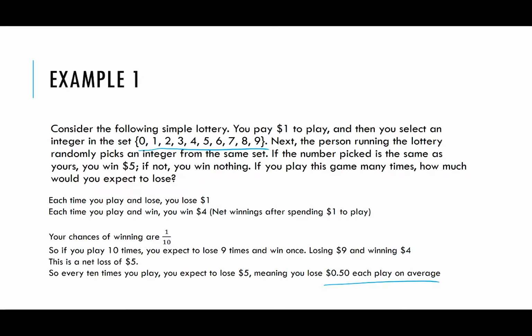So imagine 1,000 people come in. On average, that means you're going to get about 50 cents per person. So if 1,000 people play your lottery, you would make $500. Of course, because obviously people are going to lose money more than they win. But the point is that you're losing 50 cents on average.